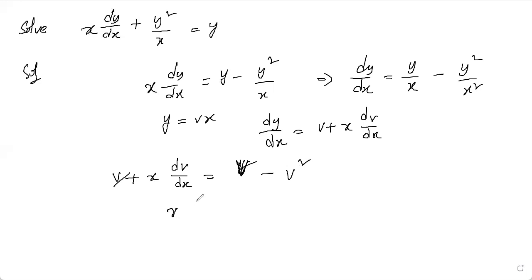So this becomes x into dv by dx is equal to minus v square, or you can write dv by v square is equal to minus dx by x.